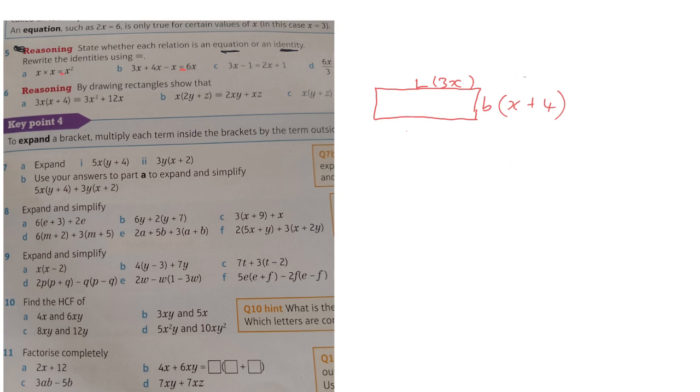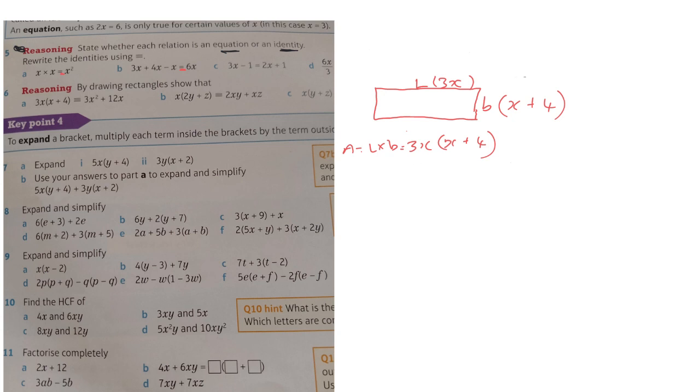It says by drawing a rectangle, we want to prove that this will always be true. If you multiply 3x by x plus 4, that's the area. The area of a rectangle is length times breadth, and that will be equal to that.